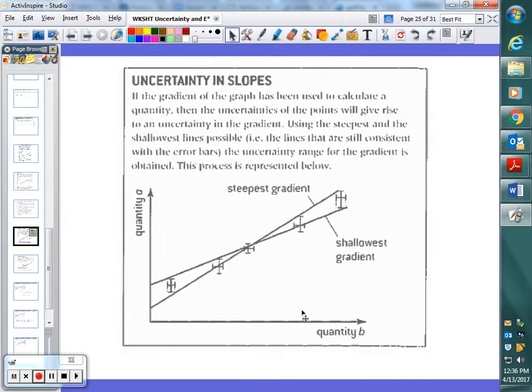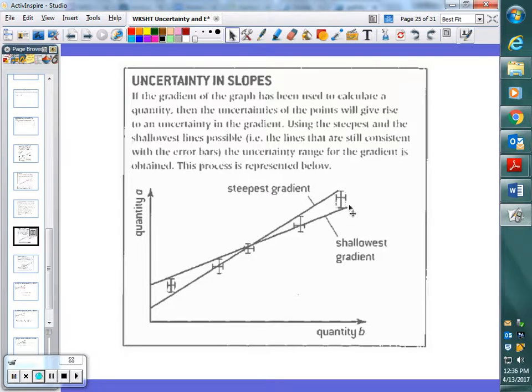Then using that graph to get some information like the slope or the intercept, basically you're going to take the steepest possible slope. So take the highest level of the uncertainty here, the lowest level of the uncertainty here, draw a line. That's the theoretically steepest possible slope we could have.